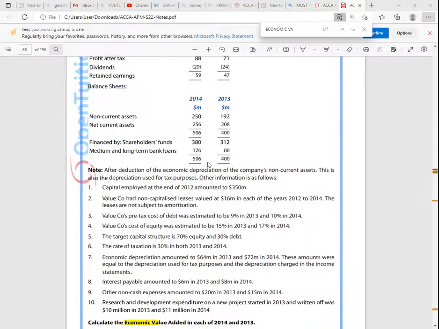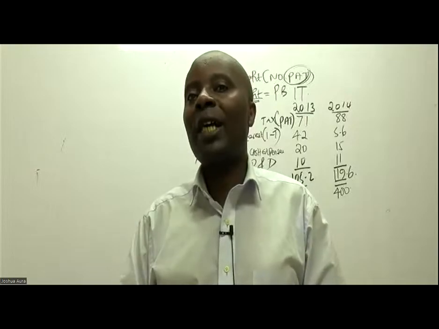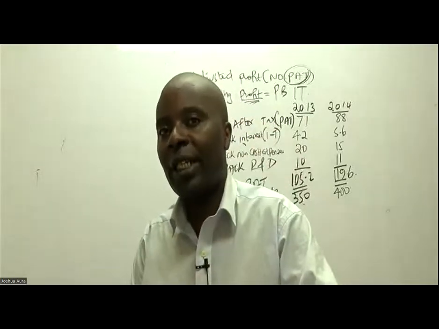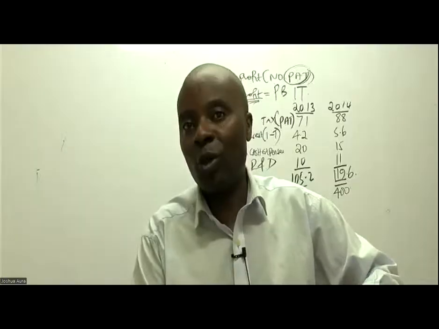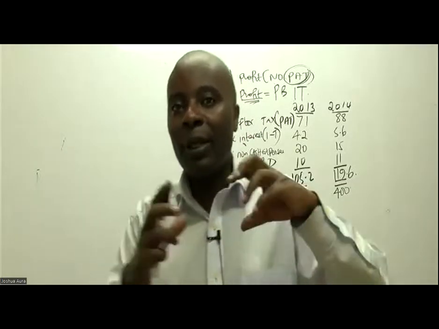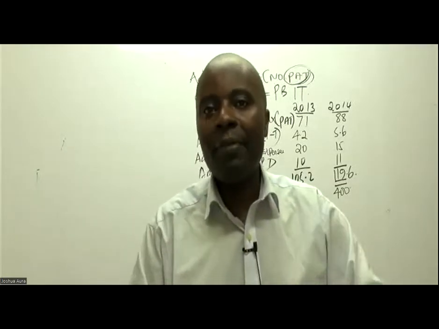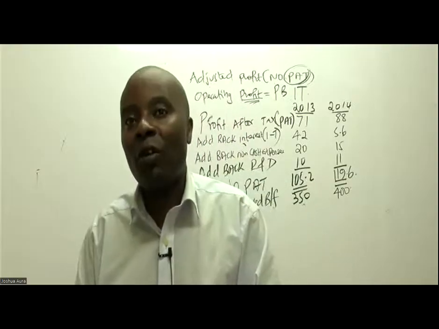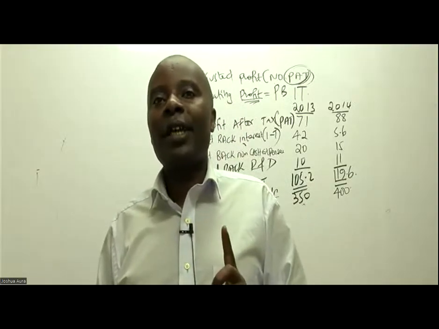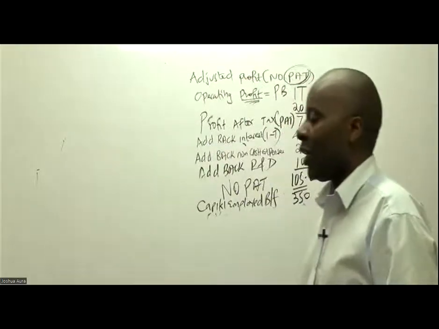And you want capital employed at the beginning of these years. Capital employed at the beginning of these years must be the capital that was employed at the end of the previous year. If it is 2013, capital employed at the end of 2012 was brought forward. Capital employed at the end of 2013 becomes the capital employed at the beginning of 2014. And then from there, come and give us adjustments.